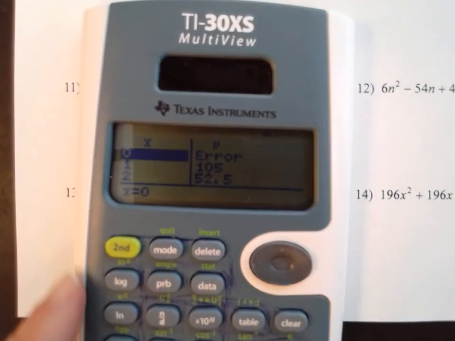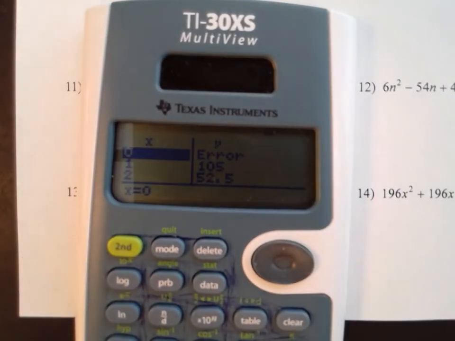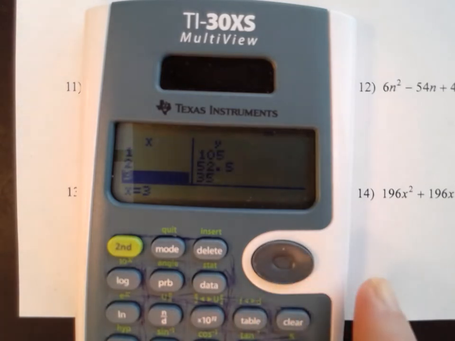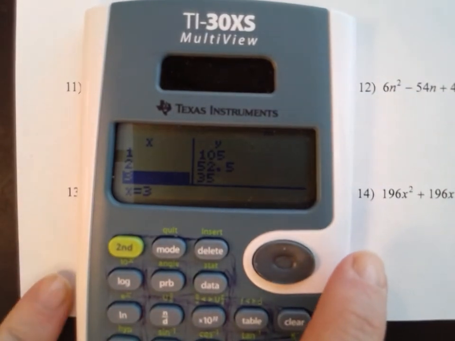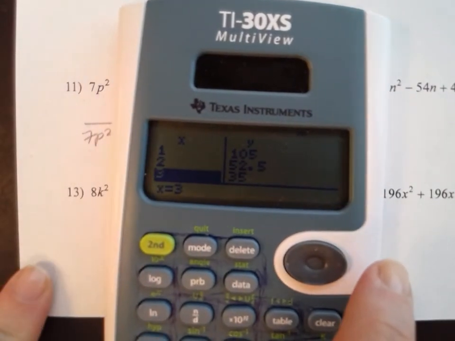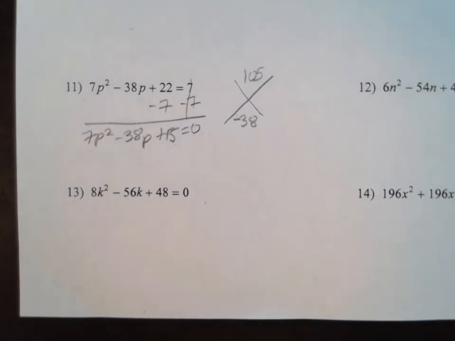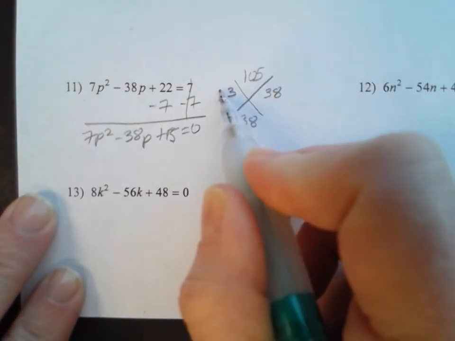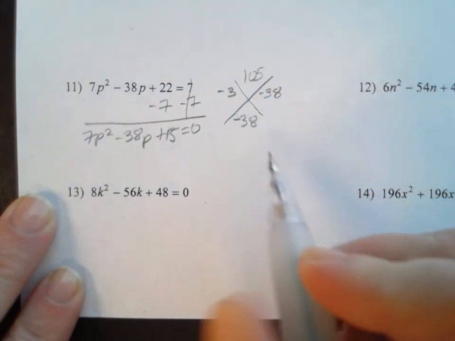And then I'm just going to scroll through until I find a pair that multiplied, we know all these multiply to give me 105, but I want to find the pair that adds to give me 38. So when I get to the 3, I can see that 3 and 35 would add to give me 38. So that's going to be my pair. Now since my 38 is negative, I'm going to make both of those negative.